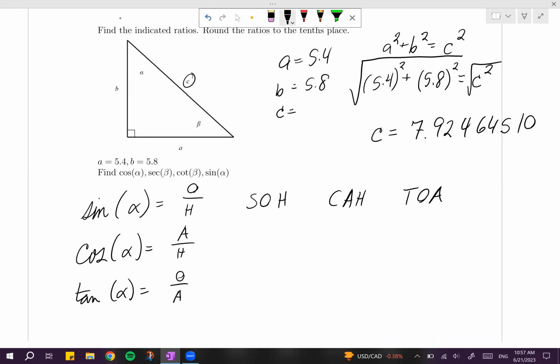So let's start by finding, I'm going to change colors, cosine of alpha in this problem. Cosine of alpha is adjacent over hypotenuse.